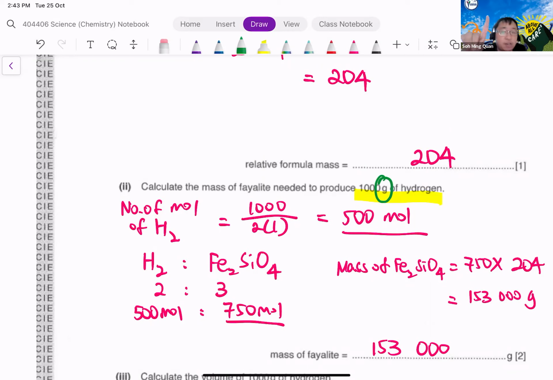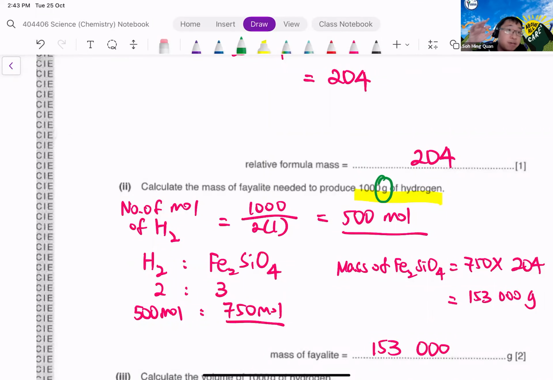Those taking physics, you must remember this, because chemistry and physics are different. Chemistry is always gram. That means if you see kg, you must convert to gram first. For physics, all the equations require kg. So for example, in physics, you all learn F equals ma. Density is equal to mass over volume.